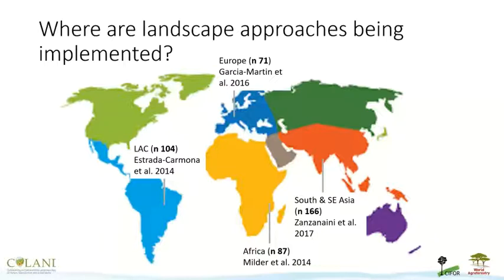They also found that across a lot of these approaches, there was weak engagement of the private sector, and in a lot of them there were weak governance frameworks, so weak political support as well. But again, this review shows that there's no doubt that these landscape approaches are being widely carried out.